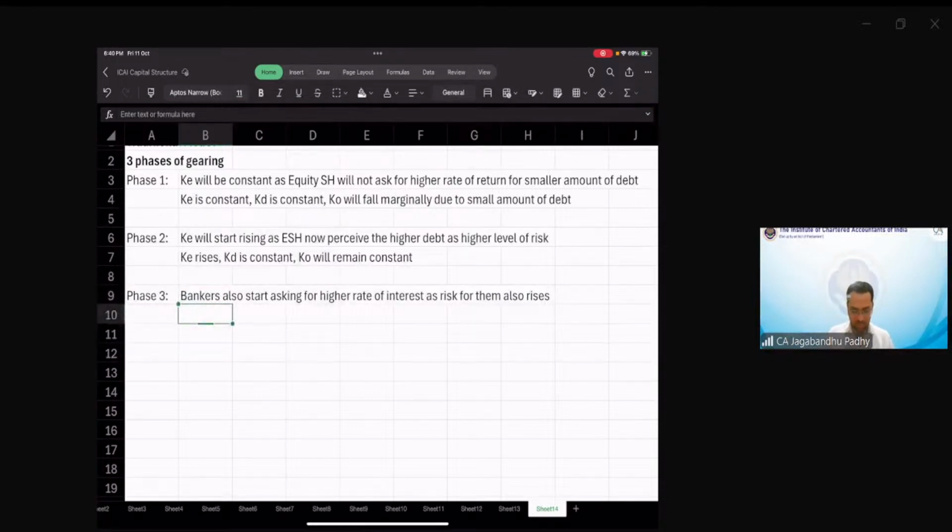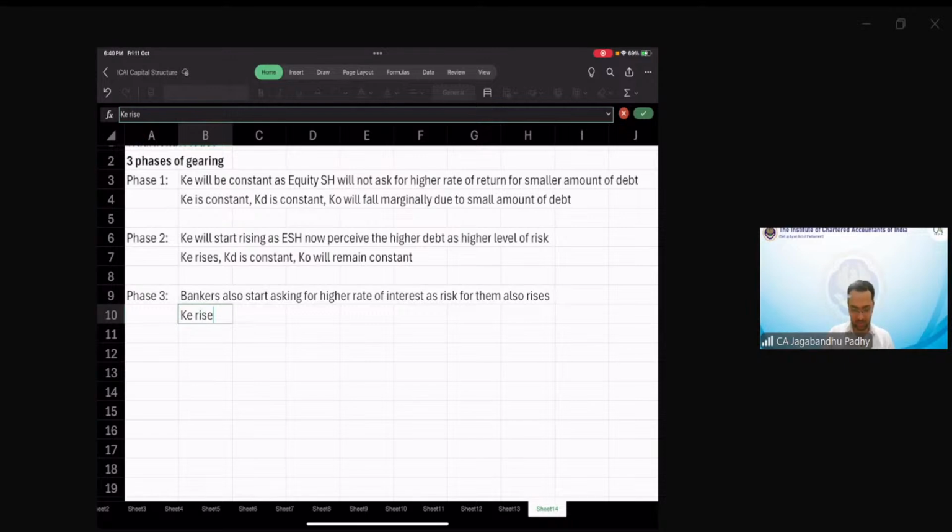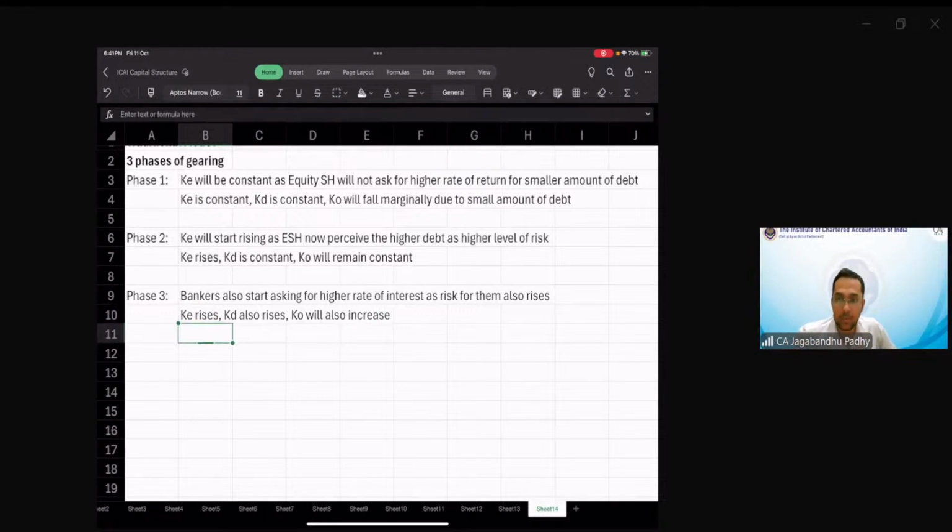So what is happening? KE is anyways rising, KD also rises. So tell me, what will happen to KO? Both KD and KE are rising. KO will also increase.